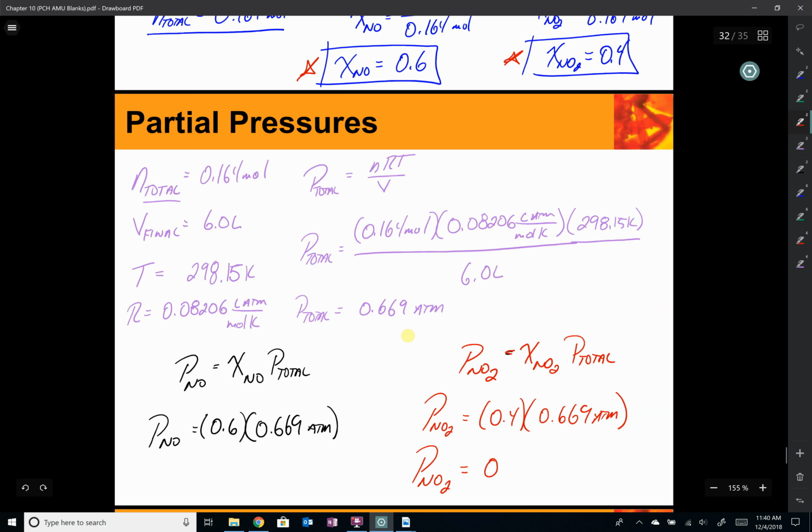And I've got 0.27 atmospheres over here, and over here I got about 0.4 atmospheres.